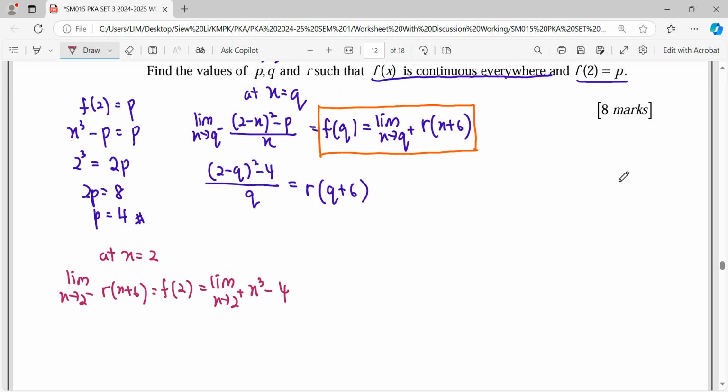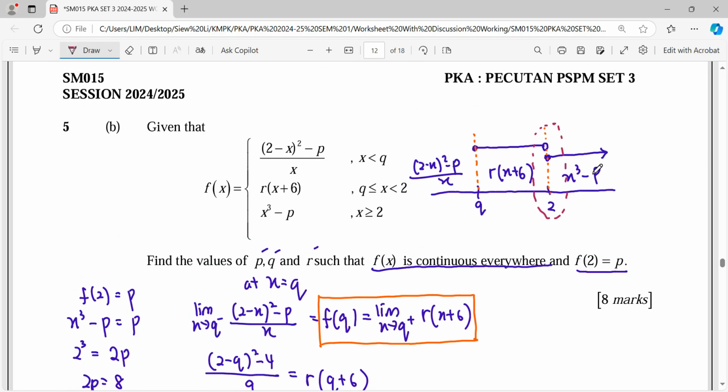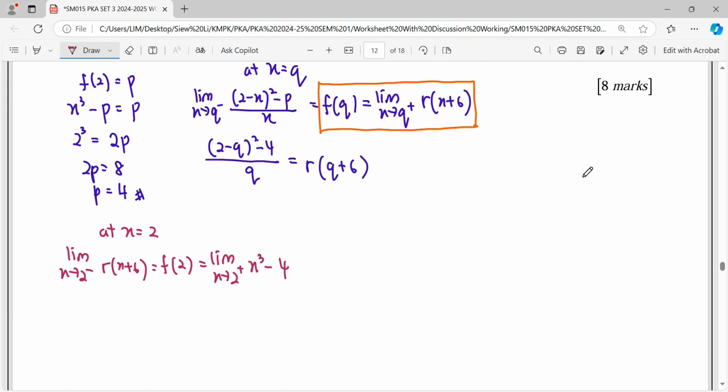And we look at the interval, 2 follows the function of x cubed. So the coordinate is already the same as the limit from the right hand side. It will definitely be the same because it is the same formula, the same equation, the same function.